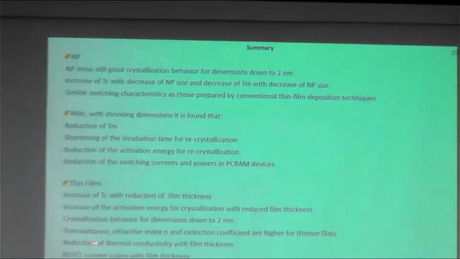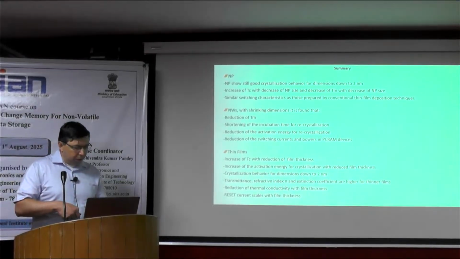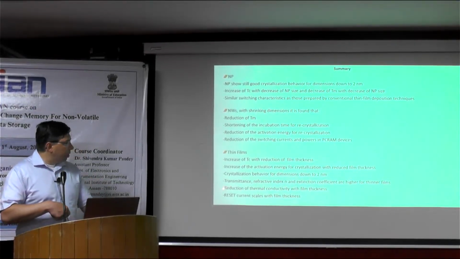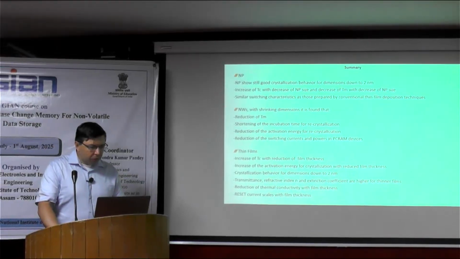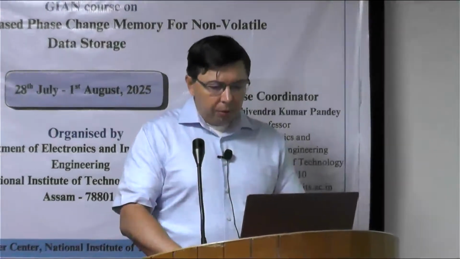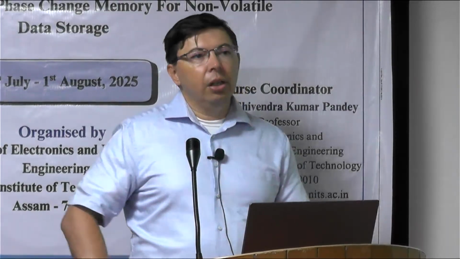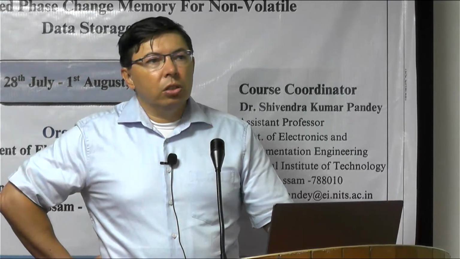And we also observed a reduction of thermal conductivity for very thin films, and reset current scales with film thickness. So I would like to stop with this part on the bonding and the size-dependent material properties. If you have questions, please ask me.